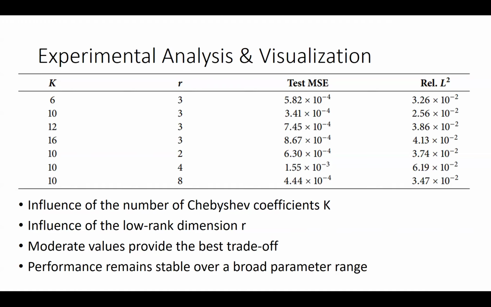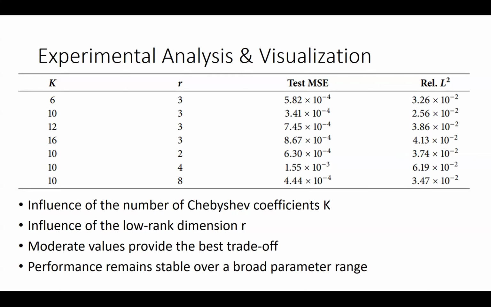The most important takeaway from the data is that the model is highly robust to moderate changes. Varying the spectral modes K from 6 all the way to 16 changes the final test MSE by less than a factor of 2. This shows it is very stable.